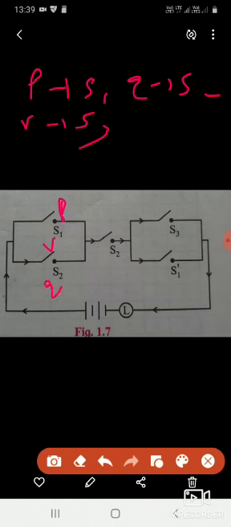Then see the next one, and S2. Here, R and S1 dash. S1 dash means negation of P. S1 is P, S1 dash is negation of P.